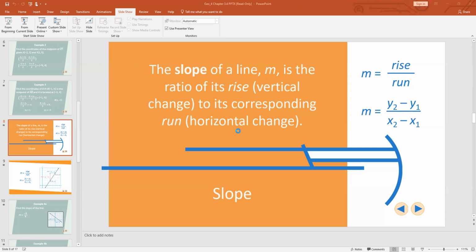What is my x1? What is x right here? 0. What is x right here? 1, 2, 3. What is my y? 2. It's positive in both cases. So our coordinate for P1 is 3, 2.